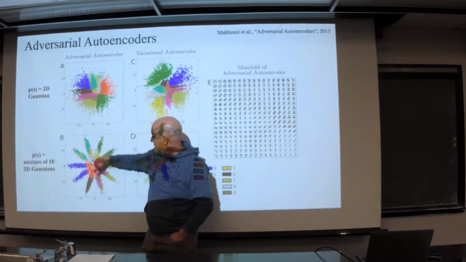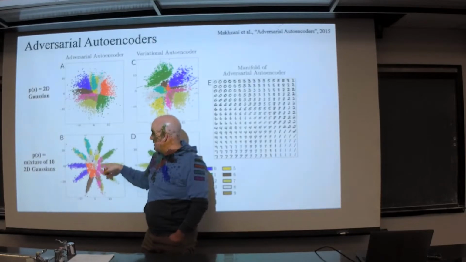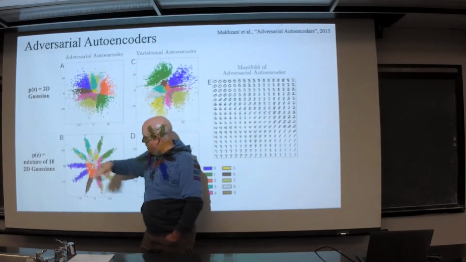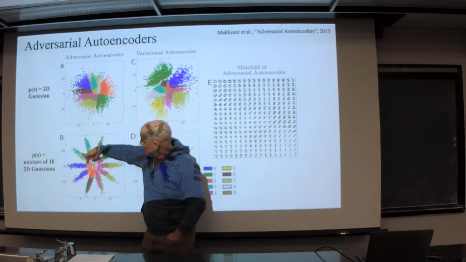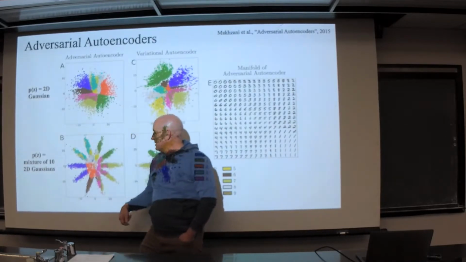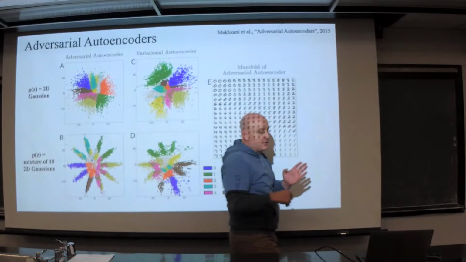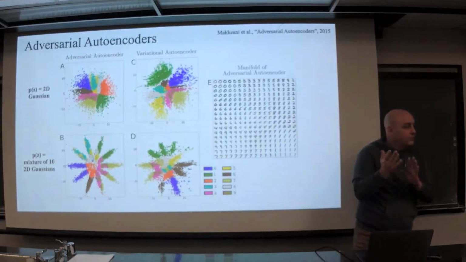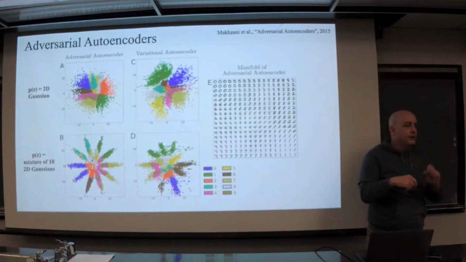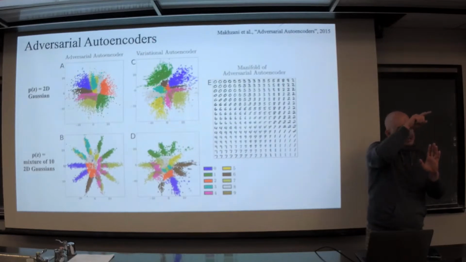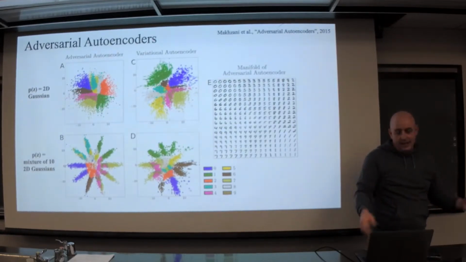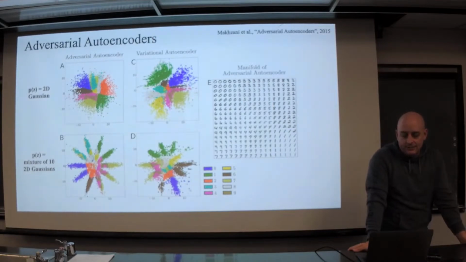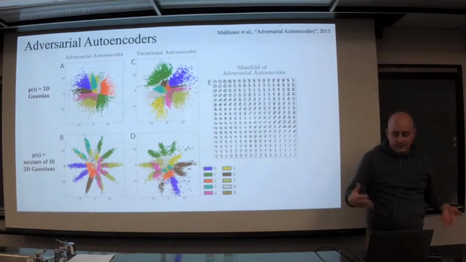Although some of these classes, it's not quite that clear, but it's exactly what was just said. If you go and look at the boundaries between these class regions, you will find images that look like both classes essentially, right? Like a 1 that has a longer top to it, that looks like a 7, or an 8 that has a narrow top that maybe looks more like a 6, and so forth.